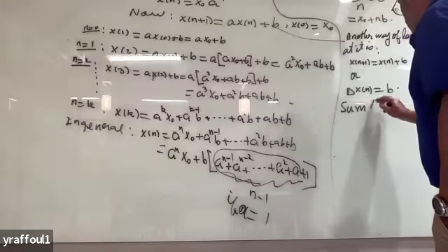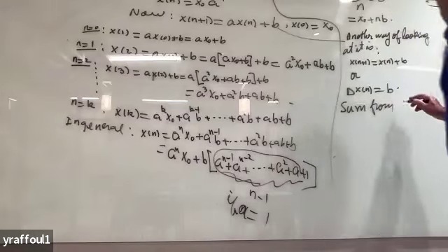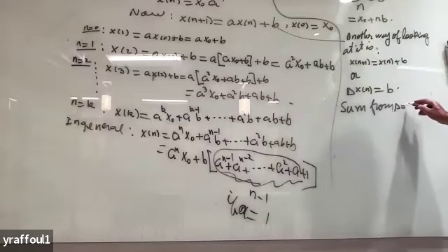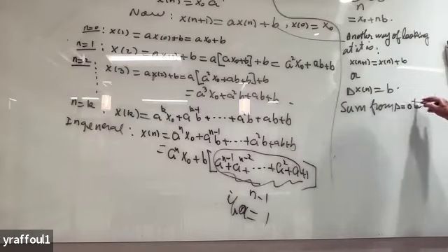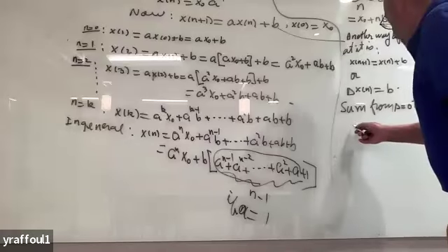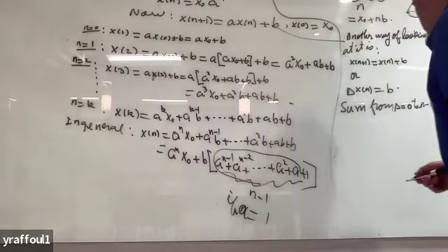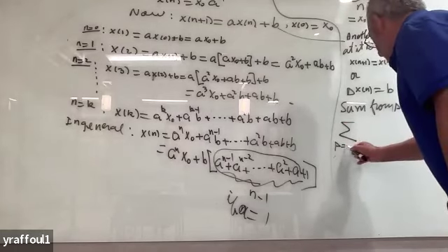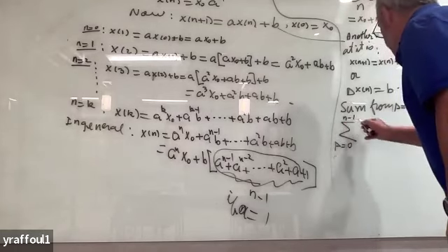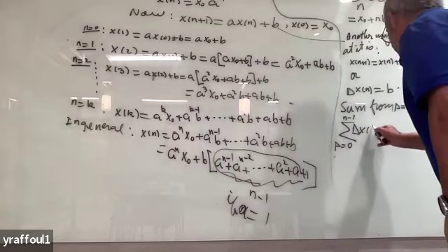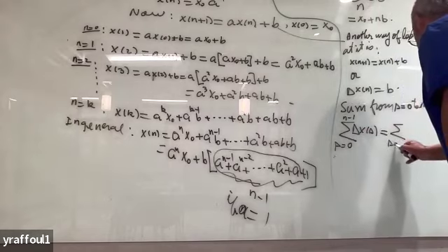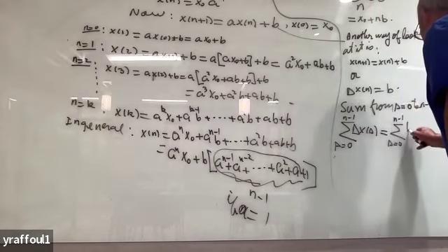Sum from s equals 0 to n minus 1. So we're gonna get the sum from s equals 0 to n minus 1 of delta x_s equal to the sum from s equals 0 to n minus 1 of b.